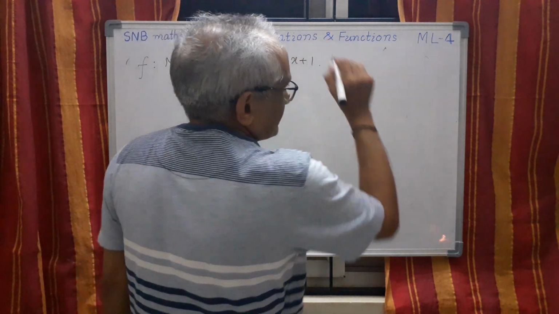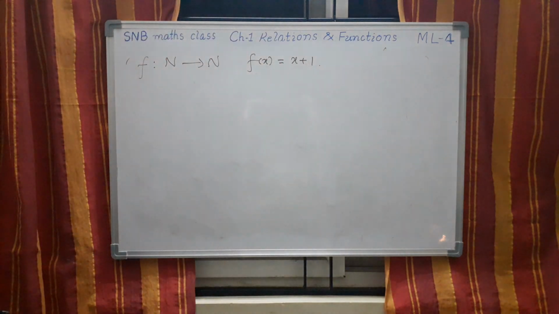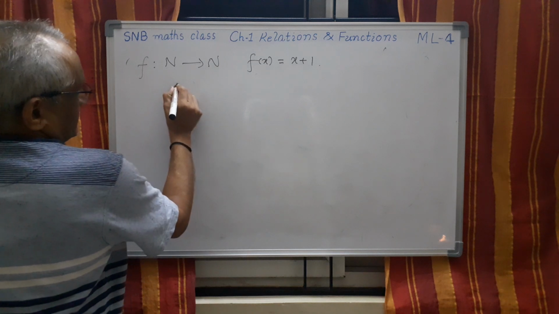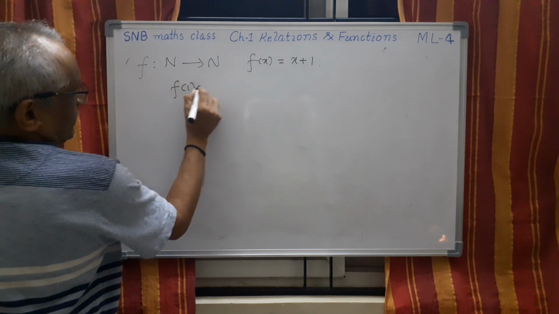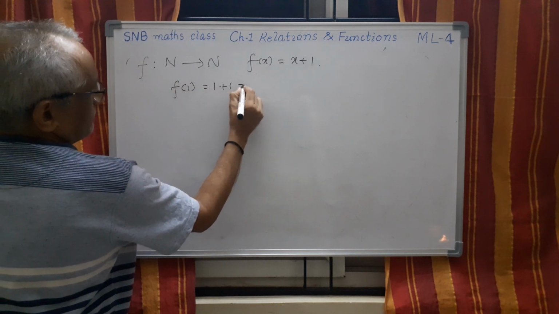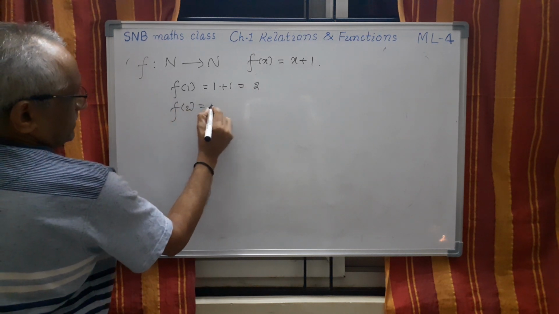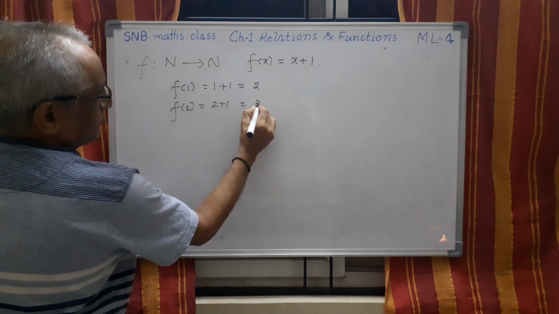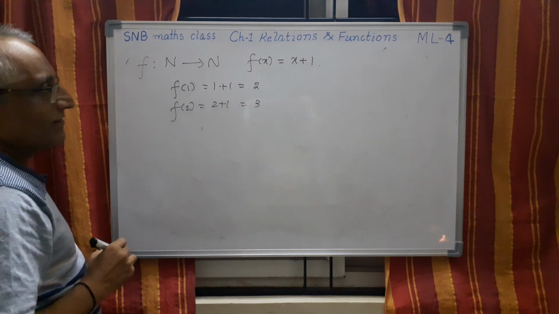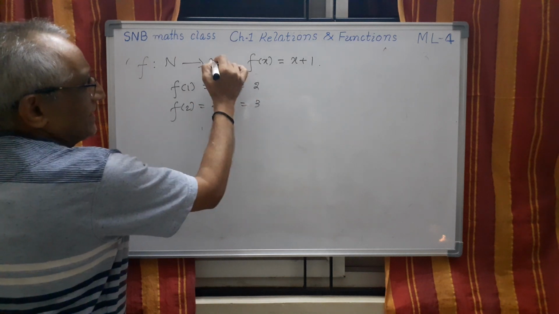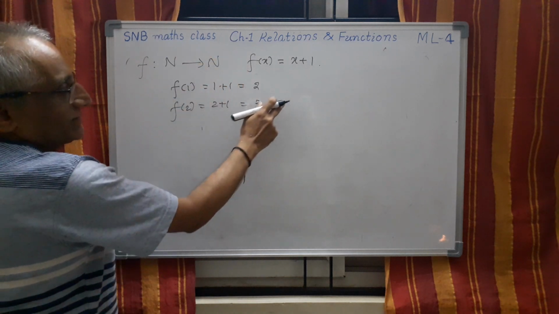Then check whether it is onto. Now you can see like this, f of 1 is 1 plus 1, which is 2. f of 2 is 2 plus 1, 3. Like this it continues. So here 1 is left out. 1 is not an image. So this is not onto.